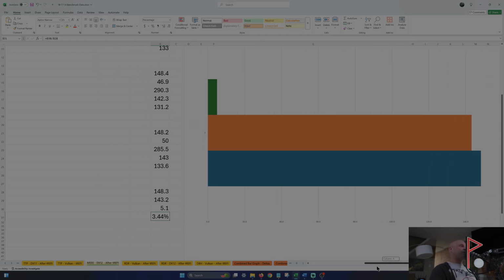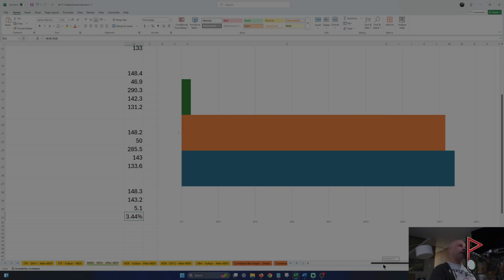This is DX12 after the tREFI adjustment in Metro Exodus Enhanced Edition. No difference. Your 1% lows are your average frame rate. 3.5%. Remarkable. Remarkable what these refresh timings do to your frame times.